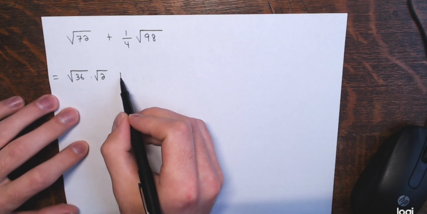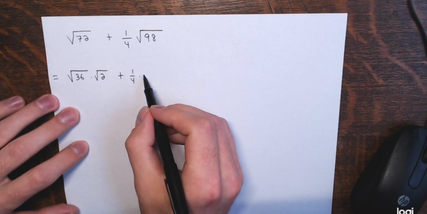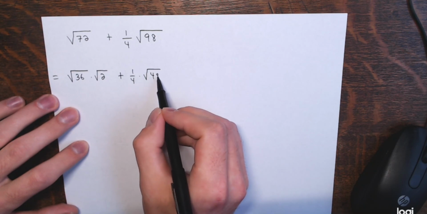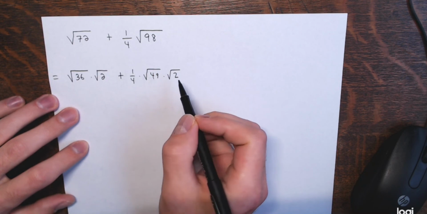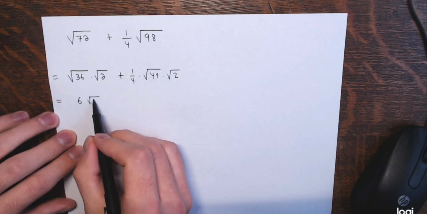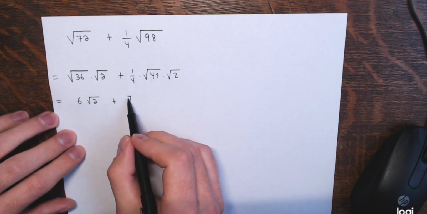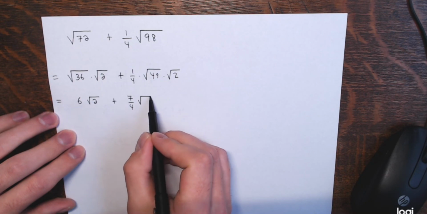Plus 1/4 times the square root of 98, which is the square root of 49 times the square root of 2. And so what I have is 6 times the square root of 2 in the first term, plus 1/4 times 7, or 7/4 times the square root of 2 in the second term.